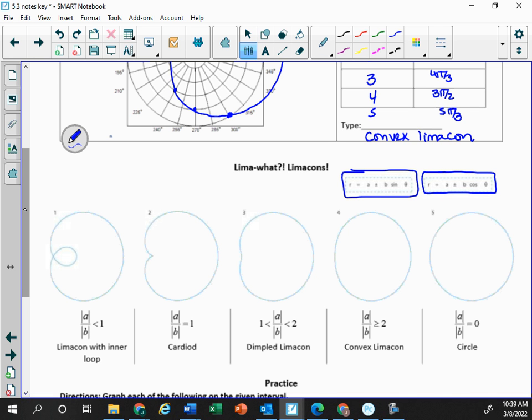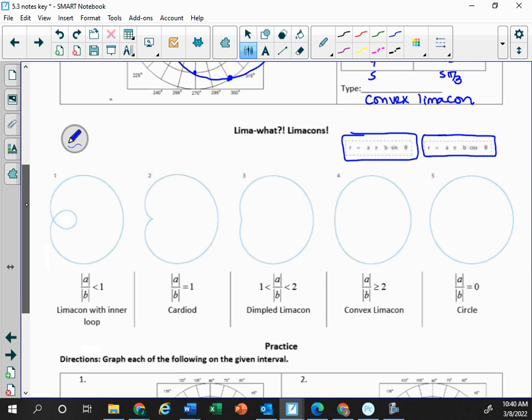Between 1 and 2, that's the dimpled limacon. And then 2 or bigger is convex. We don't really look at limacons in terms of circles because we've already talked about how you recognize the circle. It didn't have an A value, and so that is why it was a circle. Is everybody okay with that ratio, like the pieces that you're looking at there? Okay.